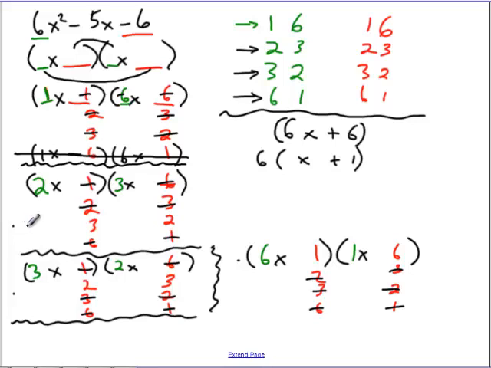Next possibility is right here, and I'll flesh it out here by saying 2x and 3x, and it's only because I'm just copying this down here, copying that down here. All right, so now I've got to remember again, because c is negative, one of these signs is positive, one is negative, and again we've got to have a larger magnitude negative because our sum is going to be negative.